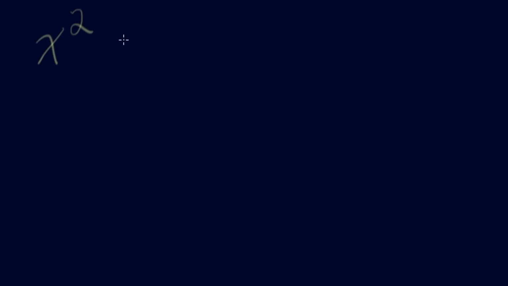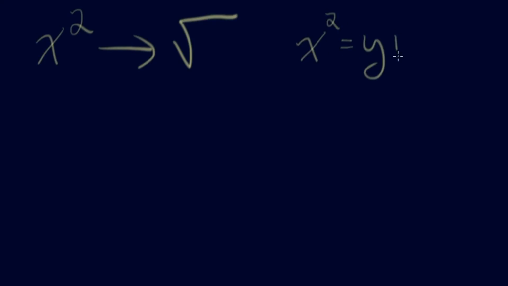The opposite of squaring something is square rooting something. So, for example, let's say I had a question that said solve for x squared. Sorry, not solve for x squared. Solve for x, just x.